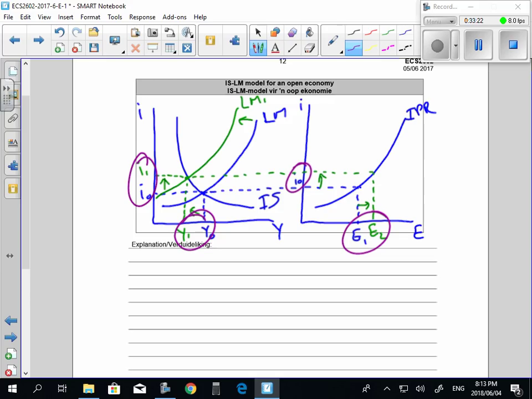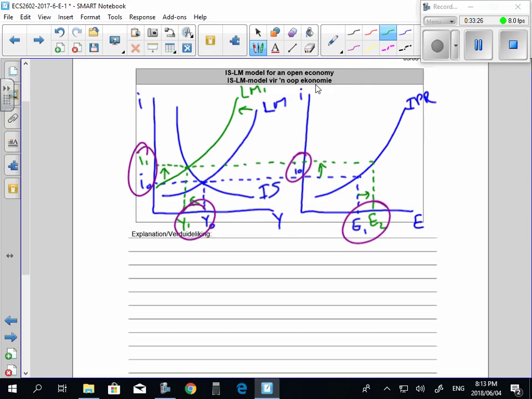So because it's a monetary policy change, we're going to start in our financial market. In our financial market, restrictive monetary policy means the money supply decreases, which decreases real money and increases the interest rate. So we've just explained this.